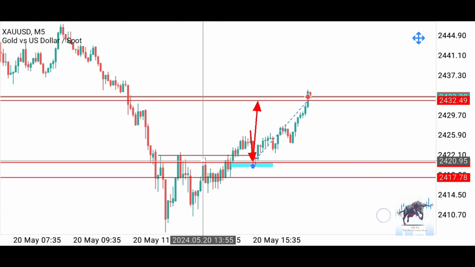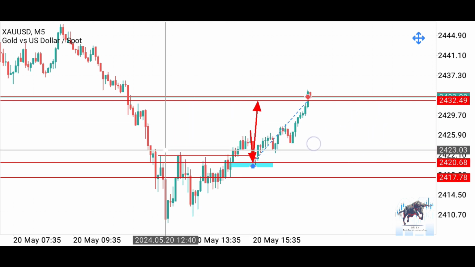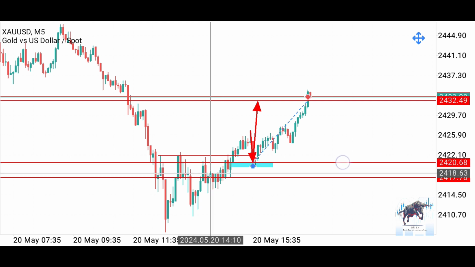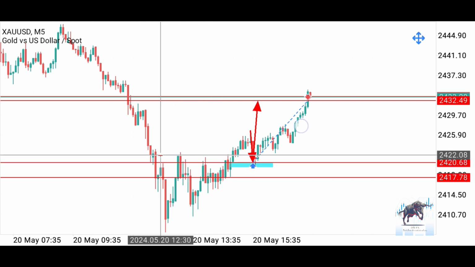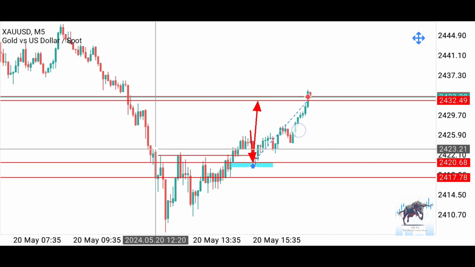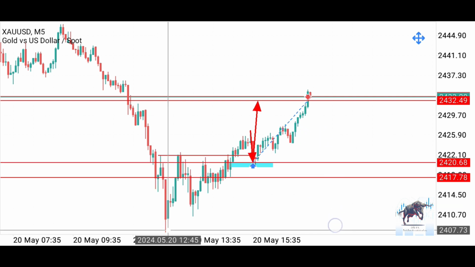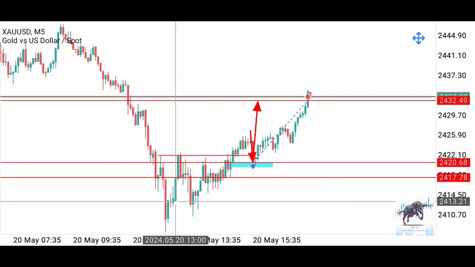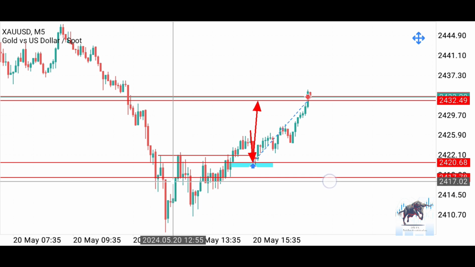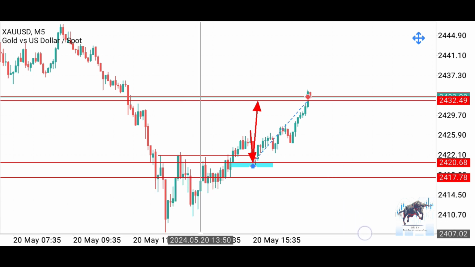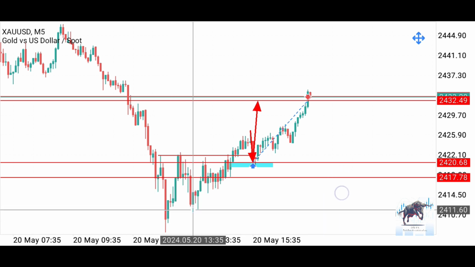So that happened. We had a break, a market structure shift, where the market didn't maintain this structure of lower lows and lower highs. If this was to continue, we were probably going to see another lower high and the market continue going down. But that didn't happen.